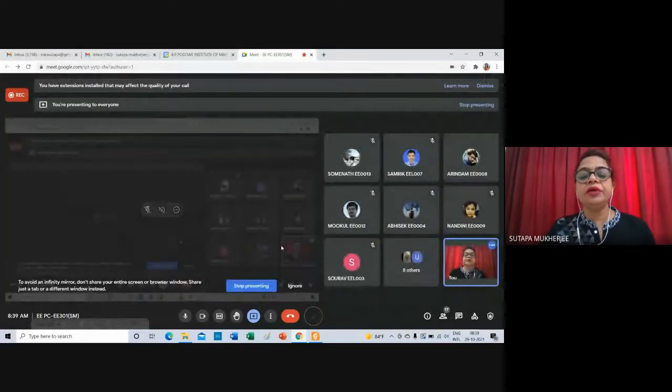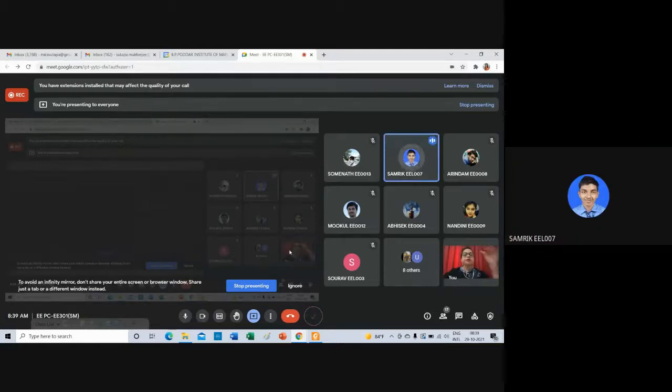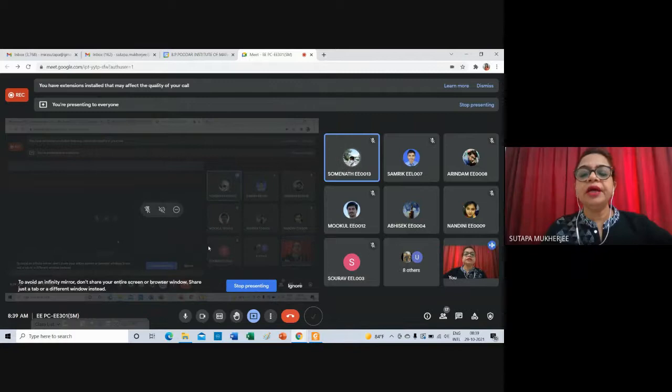Okay, very good. But what is the value of that? L by R, Shamrik has told. And what is the value of time constant in case of RC circuit? RC. Yes, RC. You are too good.